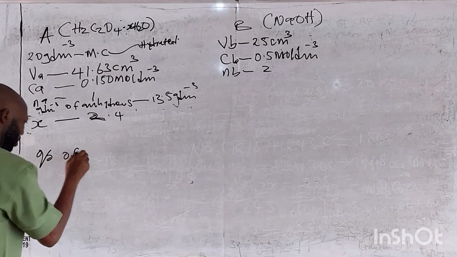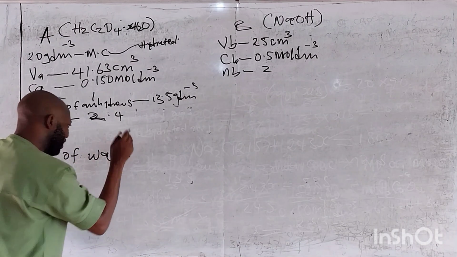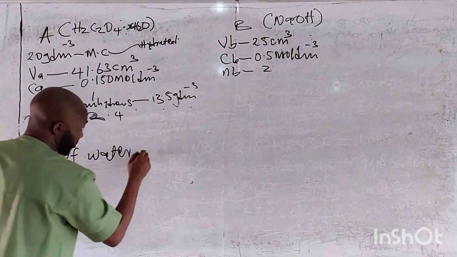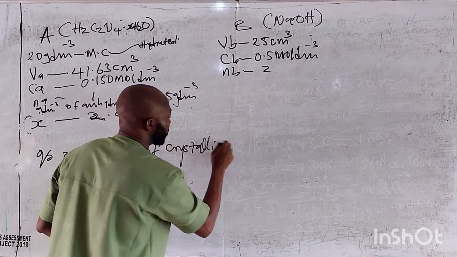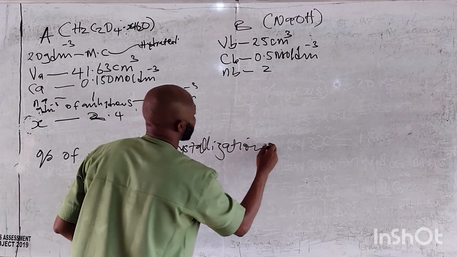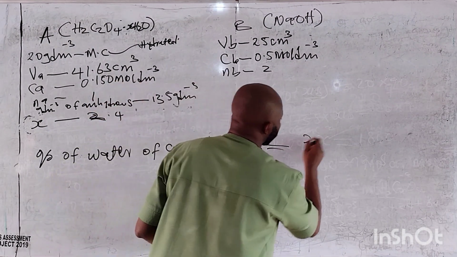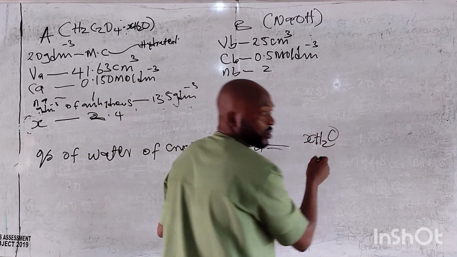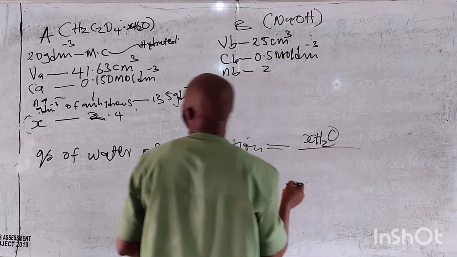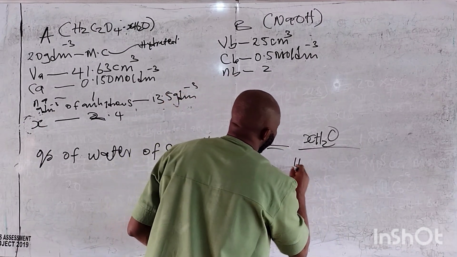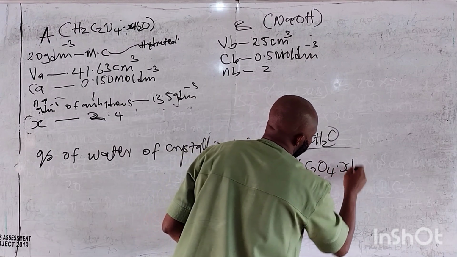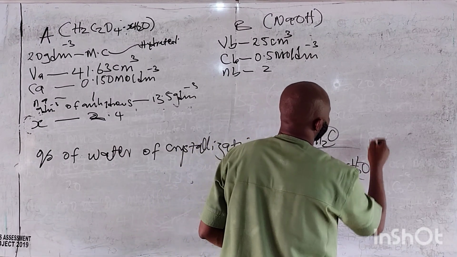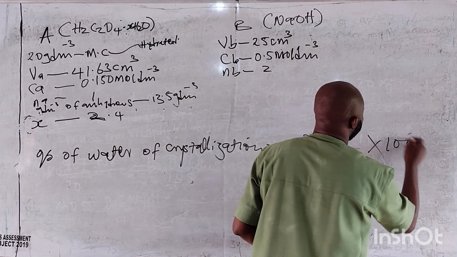Percentage of water of crystallization is equal to X water all over H2C2O4 dot water, times 100.